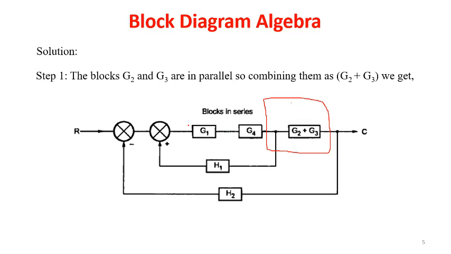Next, we see another pair of blocks which are in series. After combining these two blocks G1 and G4, as they are in series, the block will be written as G1 into G4, which we will write in the next step, step 2.